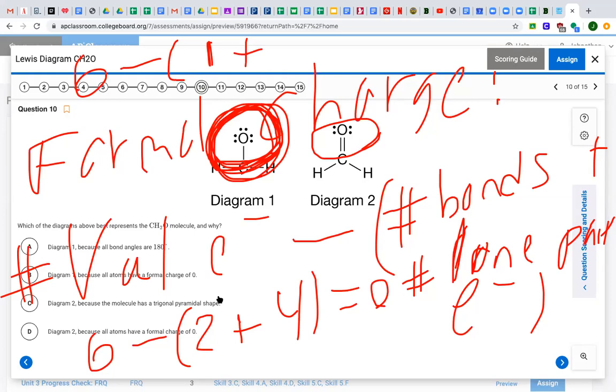So if you do 6 minus 1 minus 6, you get -1. So that oxygen has a formal charge of -1. So that's not a happy oxygen, okay? I mean, oxygen's okay like that, but it's not as happy as the oxygen with a 0 formal charge. Atoms generally want to have a formal charge of 0 in compounds, and when we construct compounds, we want to minimize formal charge.